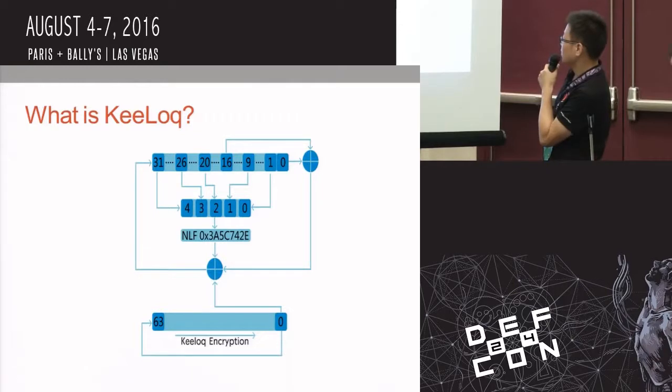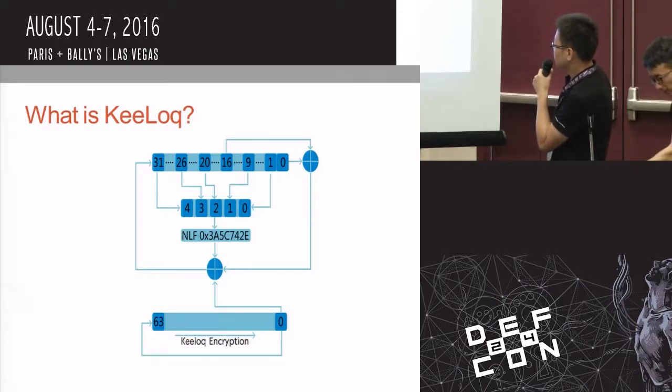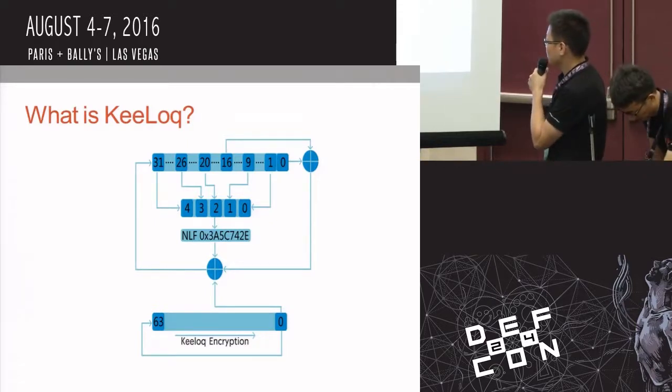First, we take 5 bits from bit 1, bit 9, bit 20, bit 26, and bit 31, and we do the NLF operation, and now we get 1 bit.